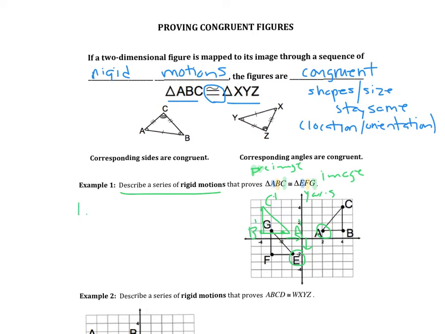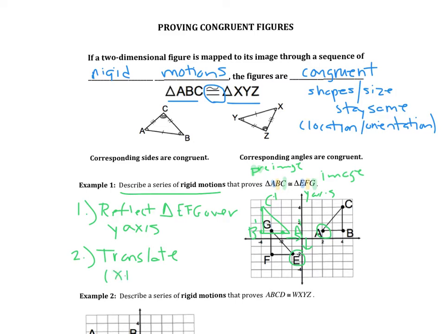So I might say step 1, reflect triangle EFG over the y-axis. Step 2, I'm going to translate. How am I going to translate this? Well, I've got to move it over on the x 1, so it would be x plus 1, and then I move it down 3 on the y, so it'd be y minus 3.